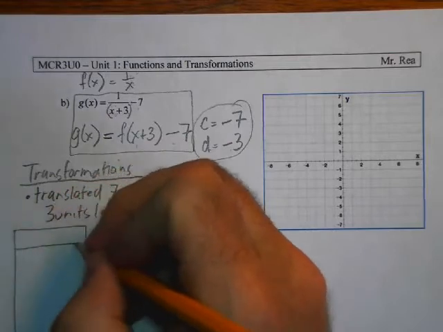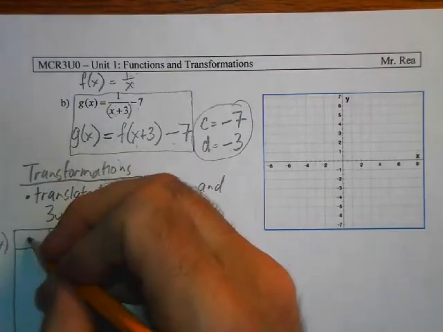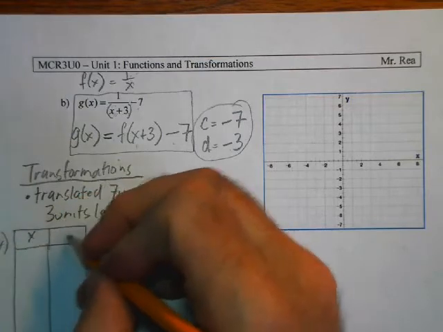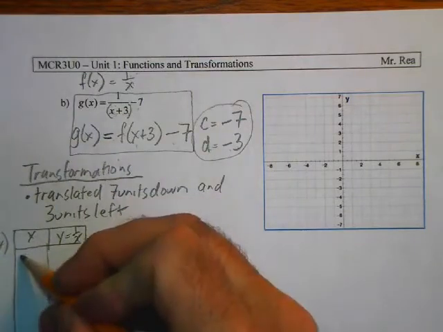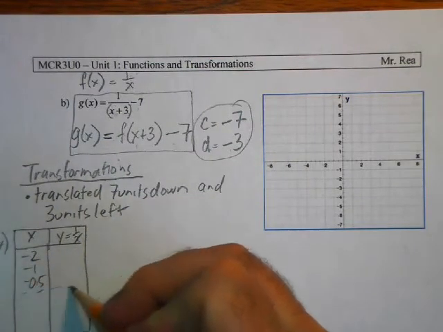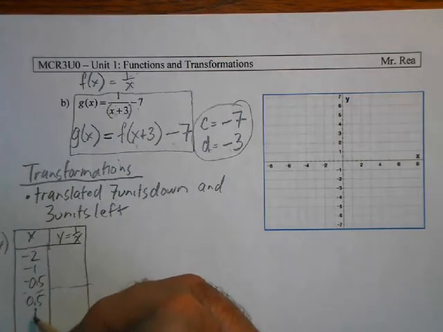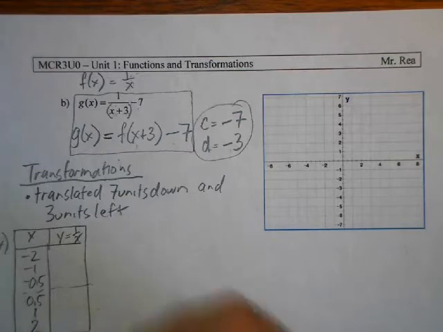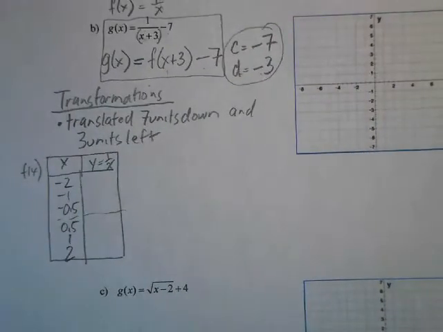So if I'm looking at my f of x, so my x and y equals 1 over x. Remember I had the 2 parts. I had sort of the negative branch and then my positive branch.